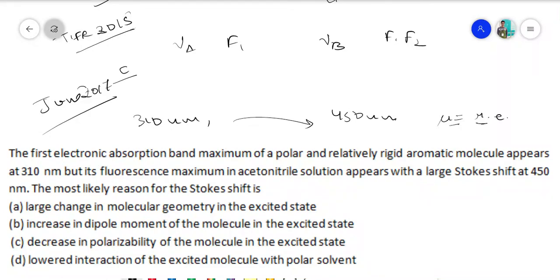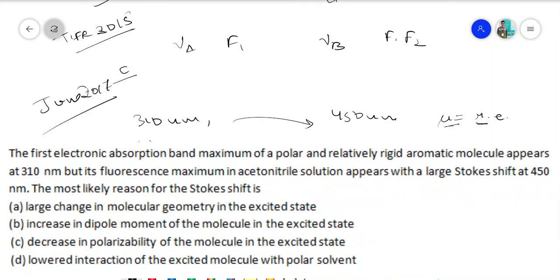Decrease in polarizability of the molecule in the excited state, you cannot be sure of that. Lowered interaction of the excited state with the solvent. Now with the polar solvent, the excited state is going to interact more, because the solvent is also polar. Increased internuclear distance, there is going to be a large interaction. So the correct option is the one about the increased dipole moment.